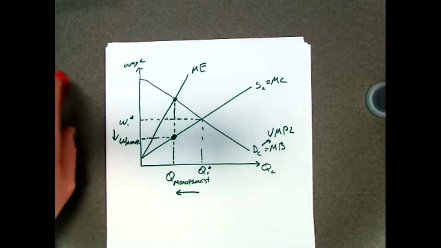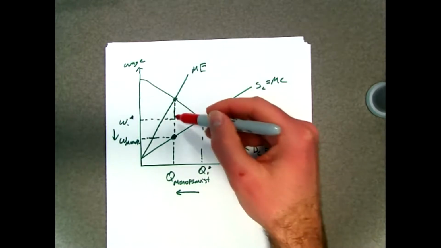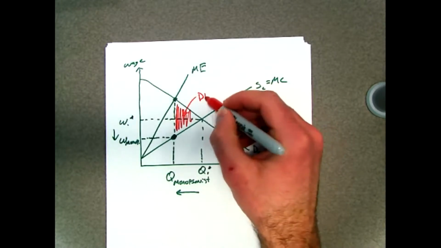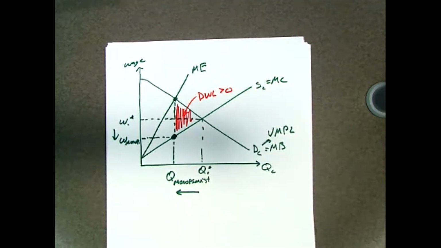Okay? Just like with a monopoly, we now, as a result of this power, have deadweight loss, right? Some value of deadweight loss here. But now let's think about what happened to producer and consumer surpluses as well. I don't know if this is in the problem, but just to be complete.